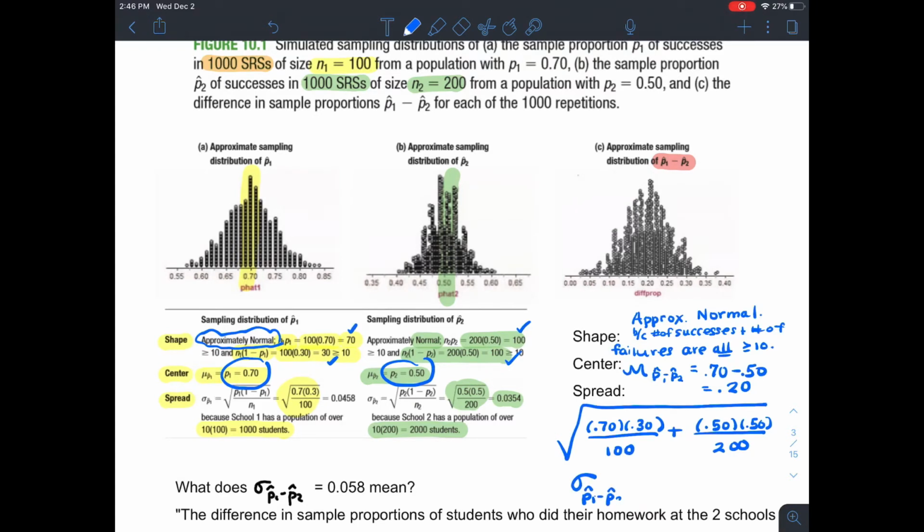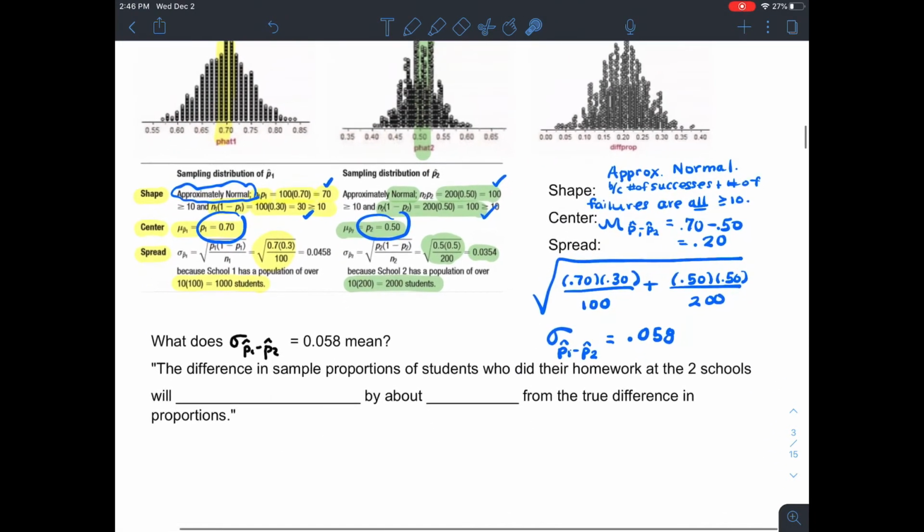Okay, so we label this the standard deviation for the difference in the population proportions for that sampling distribution. It comes out to 0.058. Okay, so what does this standard deviation for the difference in the sampling proportions mean when we say it's 0.058?